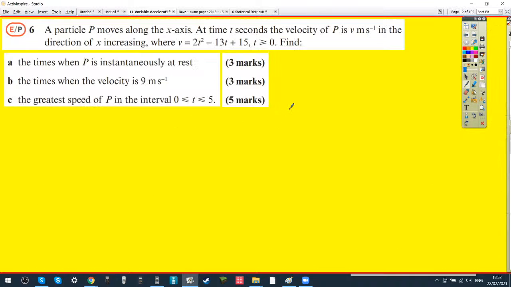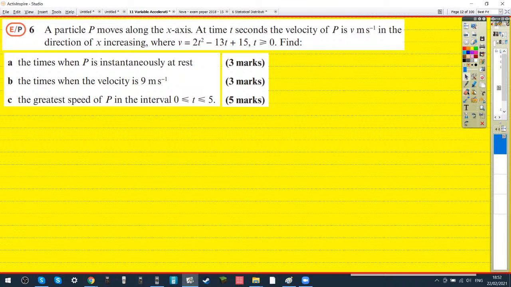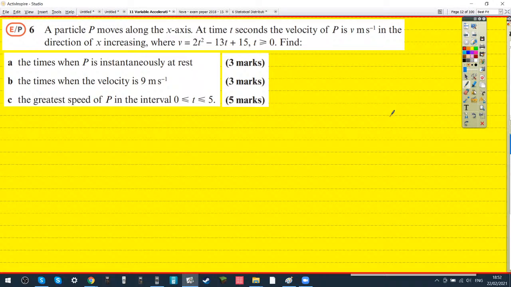Let's do this. So I think here it's V is 0. Yeah.